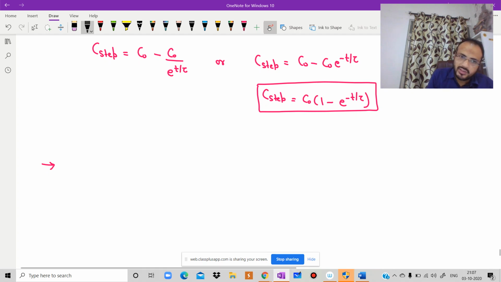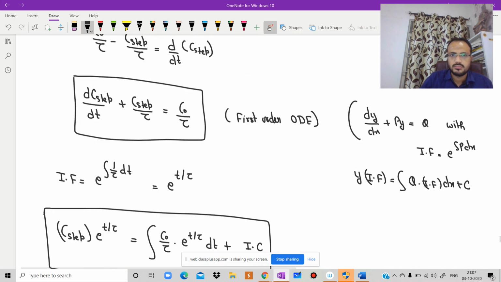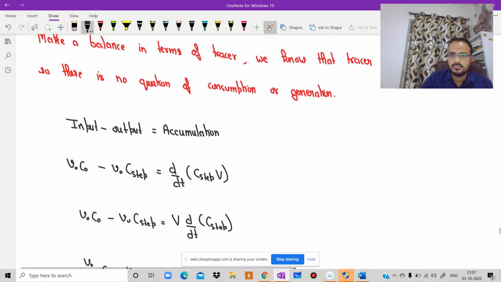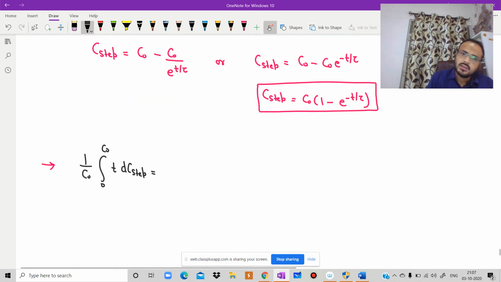Our main motto is to calculate: we know that 1 by C naught times the integral from 0 to C naught of t into dC step is equal to t bar. Prove this value.